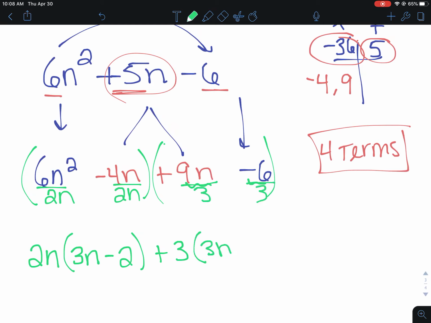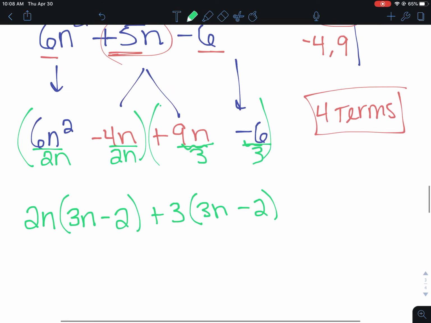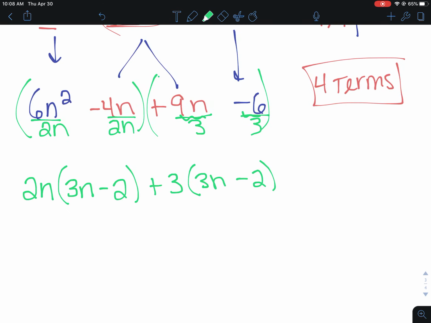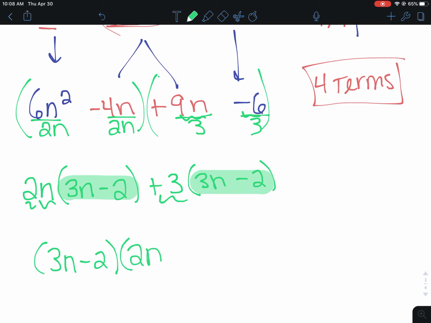If I divide 9n by 3, I get 3n. If I divide negative 6 by 3, I get negative 2. Look at that. Same two factors there. So that's what they have in common. So that's what I'm going to remove, 3n minus 2. And then out front we have 2n plus 3, right?